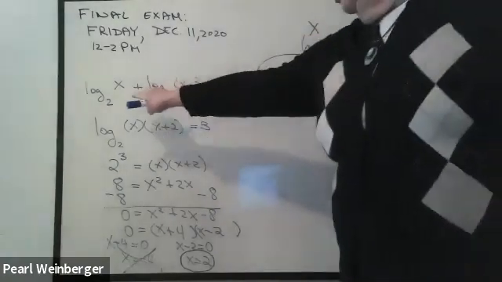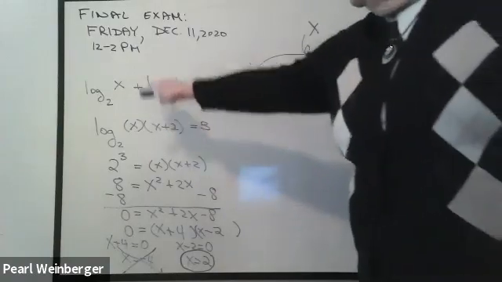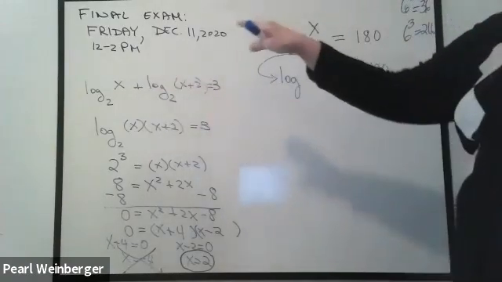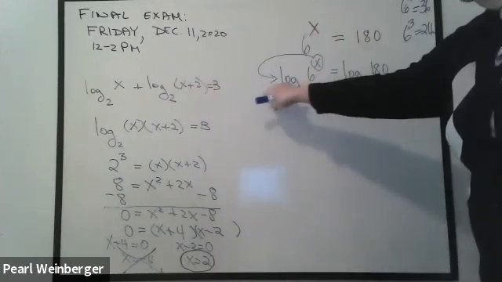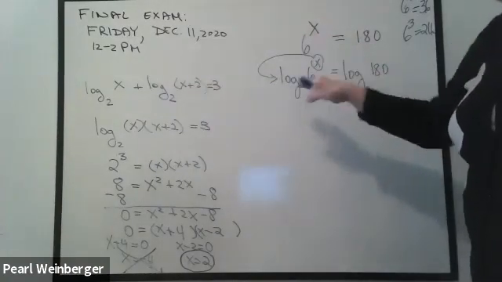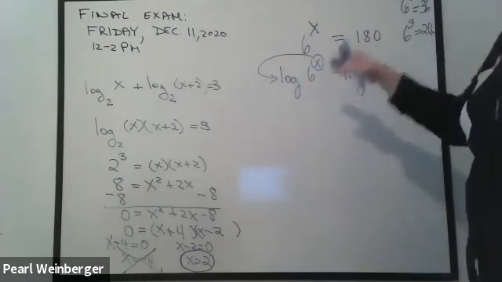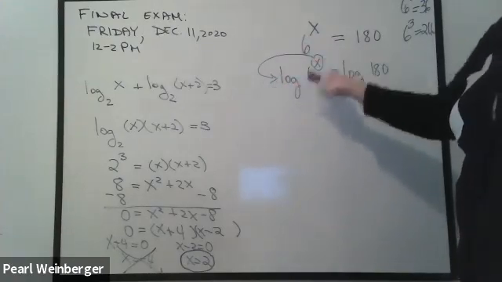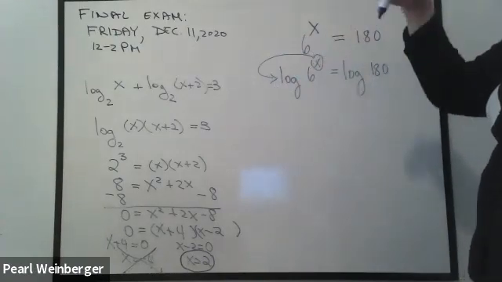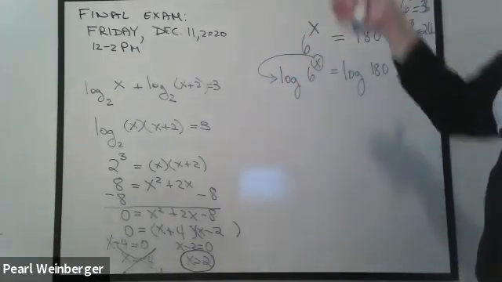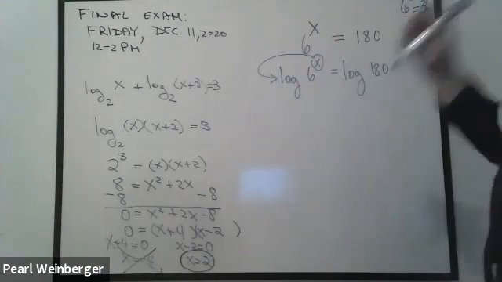We learned that when you multiply numbers, you add their logs. When you divide numbers, you subtract. And when you have an exponent, it becomes a coefficient. It becomes a multiplier because you're really dealing with two exponents. Log 6 is one exponent. X is the other exponent. When you have an exponent with an exponent, you just multiply the two exponents together.